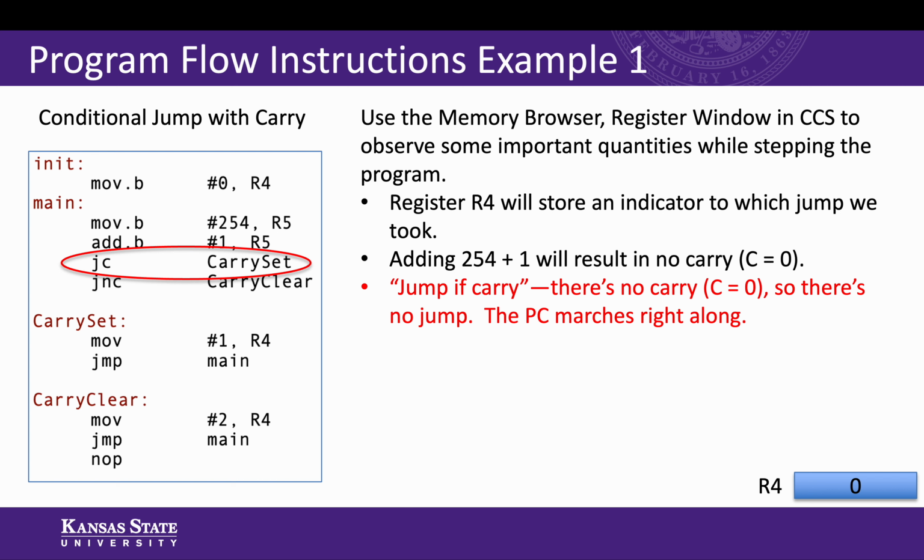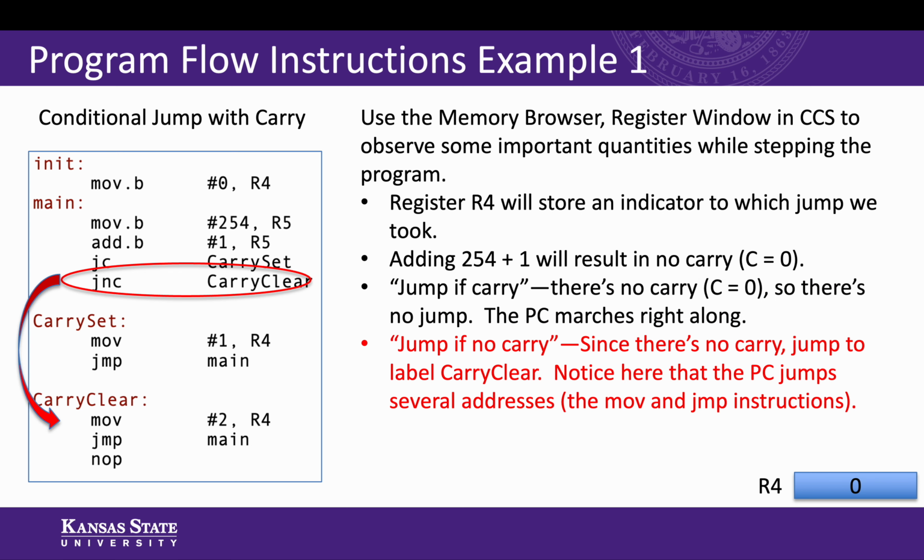Now the program counter keeps marching right along, and we get to this JC, jump if carry instruction. It does exactly that: jump if there was a carry. There is no carry here, C equals 0, so there's no jump, and the program counter marches right along to the next instruction. Jump if no carry.